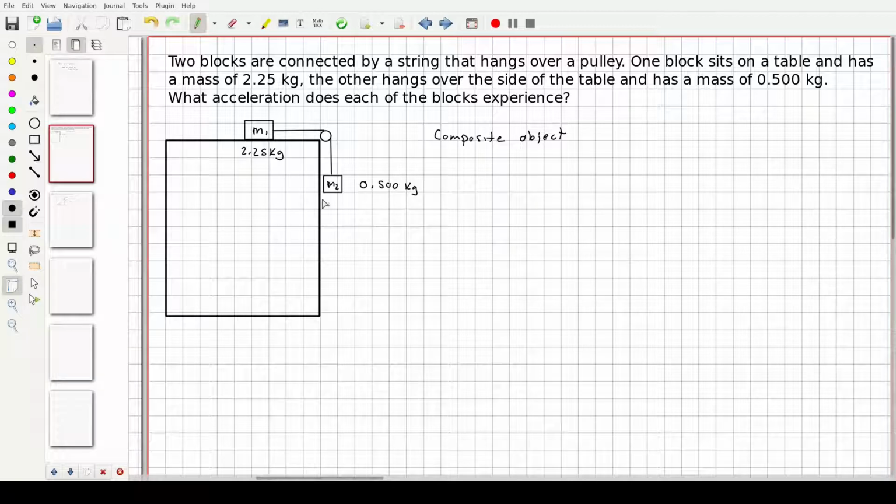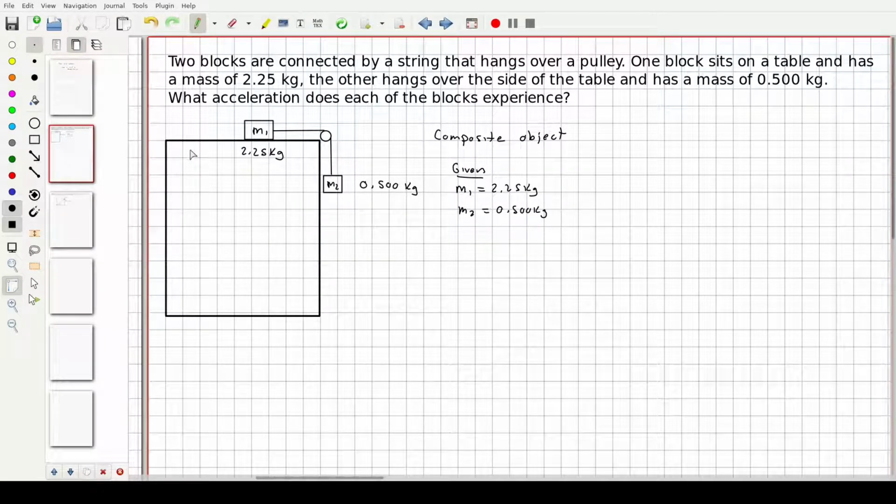So that said, let's write down what we've been given. We have two masses, M1 is equal to 2.25 kilograms, M2 is equal to 0.500 kilograms.